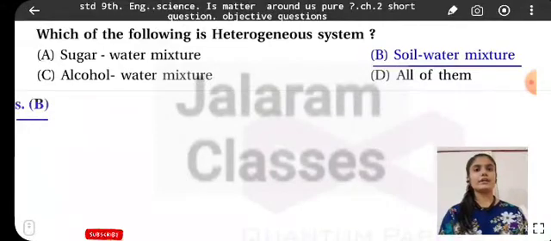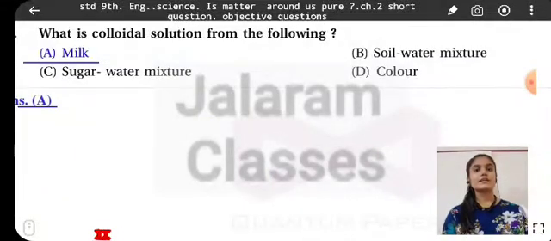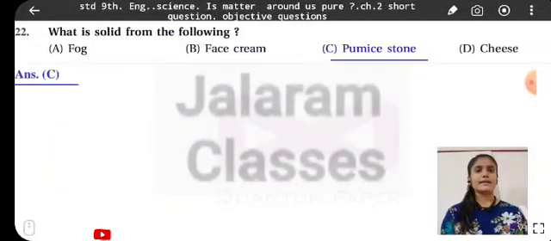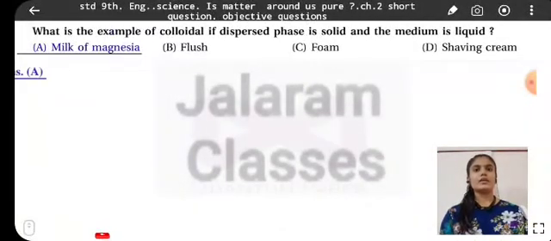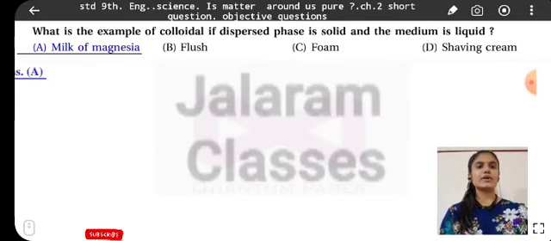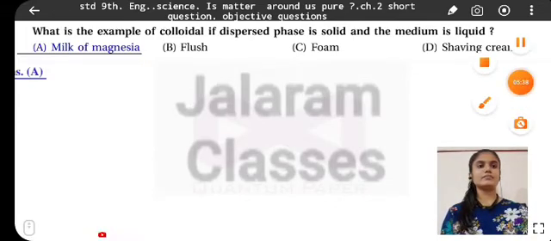Which of the following is heterogeneous system? Soil-water mixture. What is colloidal solution from the following? Milk is a colloidal solution. What is solid from the following? Pumice stone. What is the example of colloidal if dispersed phase is solid and the medium is liquid?